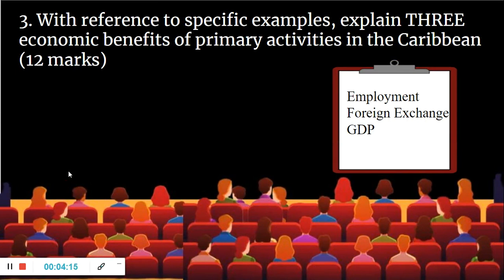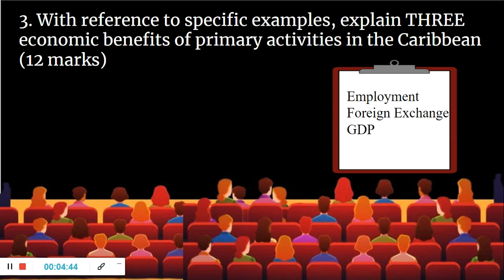All right, number 3 says, with reference to specific examples, explain 3 economic benefits of primary activities in the Caribbean, and that's for 12 marks. So 12 marks, you don't want to lose any of those 12 marks. So when you see a question like this, you will now need to plan your answer.